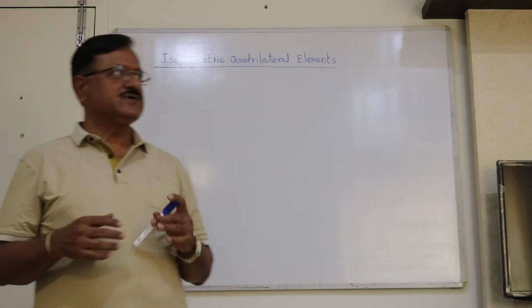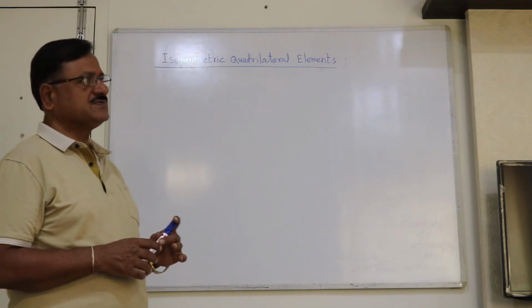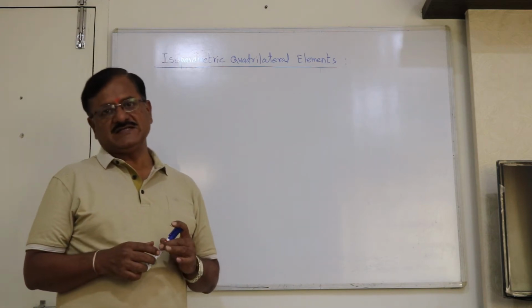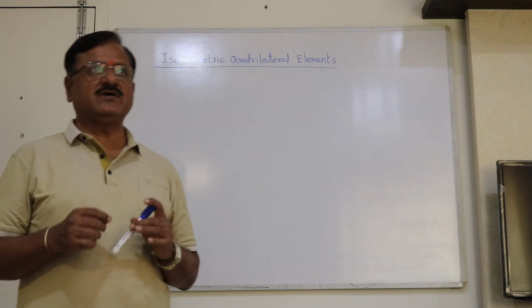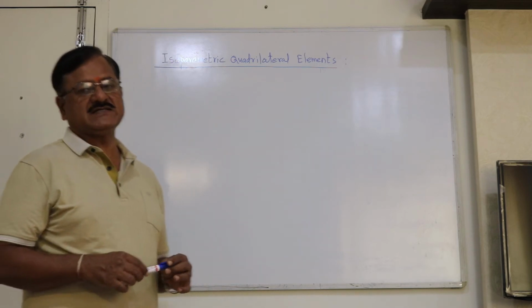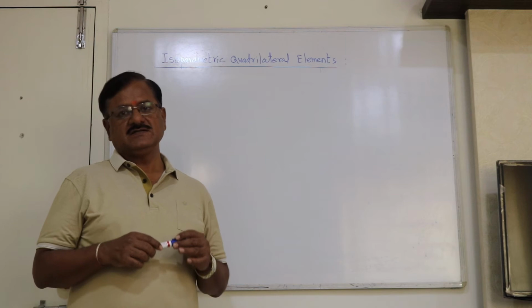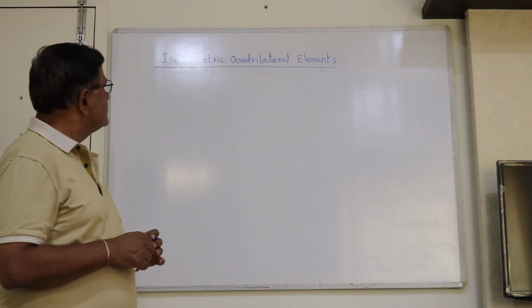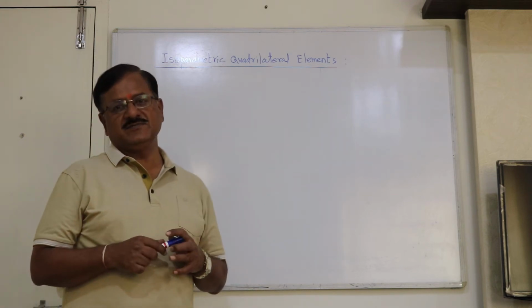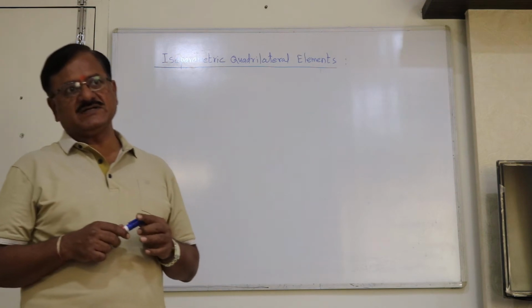We also derived the shape functions for 1D elements, and we saw how to formulate the element stiffness matrix for a 1D element. Today, let's see the quadrilateral elements. What do we mean by quadrilateral elements?